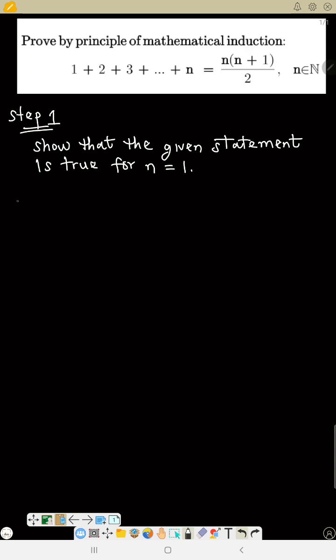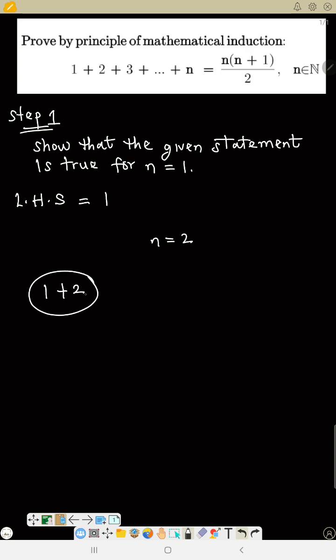So you are going to test the left hand side and also the right hand side. Now, for the left hand side, the first number is 1. So for n equals 1 means you are going to pick the first number. If it is for n equals 2, you are going to pick the first number plus the second number, that is 1 plus 2, 3.